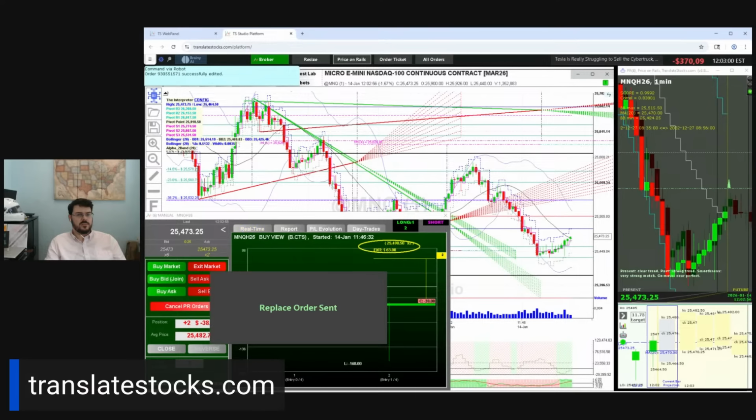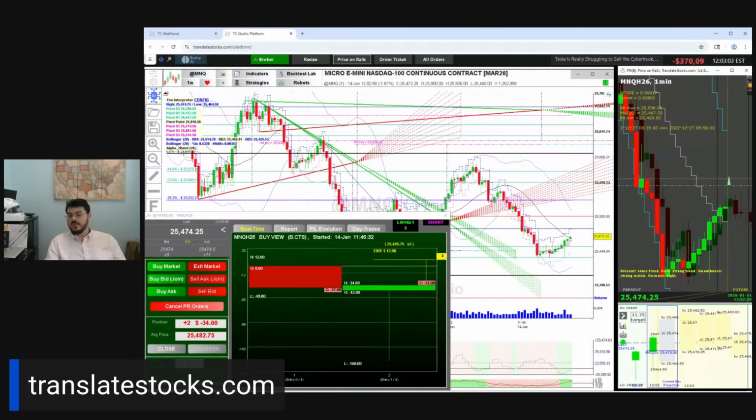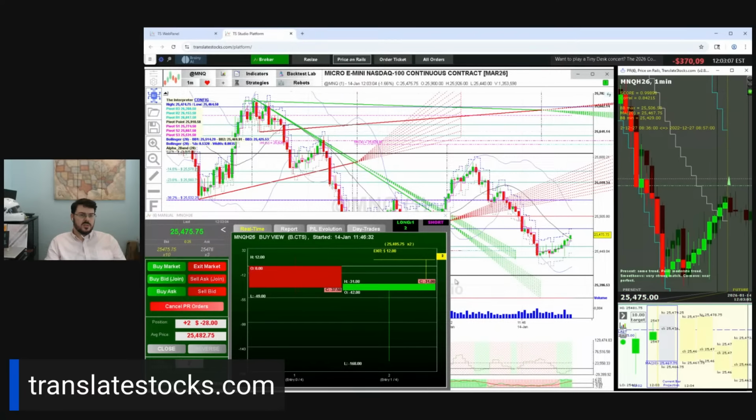Let's see if it works as a target. Don't know. Only $12. This is the next resistance. And now it's inside my reality bands. So this can be achieved.